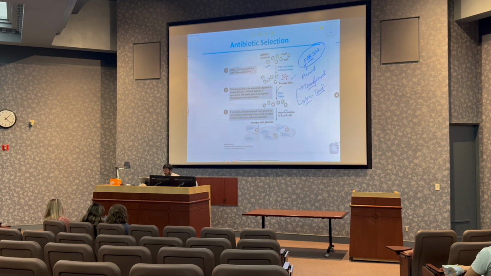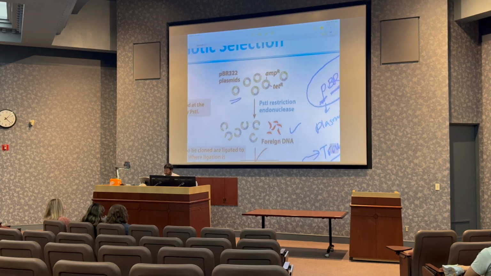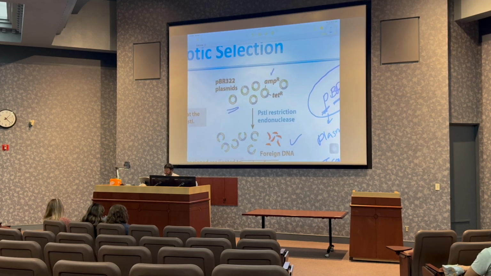What's special about this pBR vector is that it has two antibiotic resistance genes. One is ampicillin and the other is, anyone? Tetracycline. Very good. So these are antibiotic resistance genes that a plasmid already has.